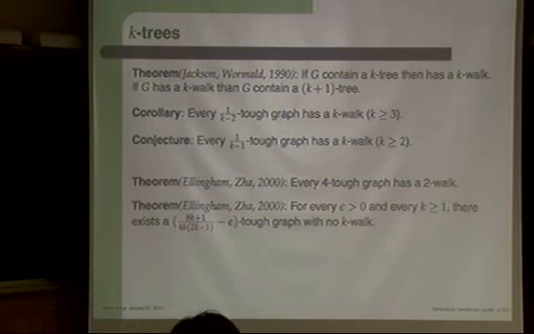But you can see there is still quite a huge gap, because it's known that a 4-tough graph has a 2-walk, but there are only graphs known which are 17 over 24 tough and don't have a 2-walk. So the gap is quite big.